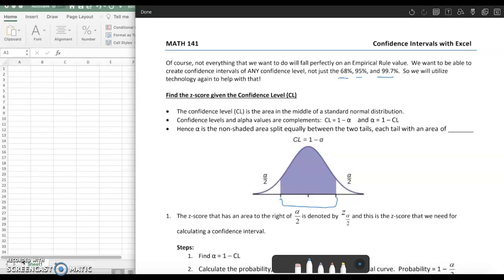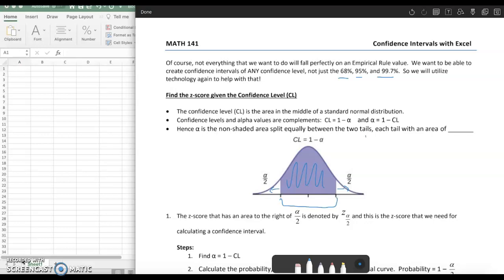What that does then, since that's the area inside between these two z values, is it creates tails, and that creates a complement. So the confidence level, the area inside this curve, is the complement then of whatever area is left outside of these curves. The area outside of these values is denoted as alpha.